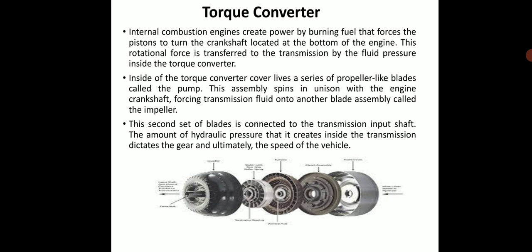This assembly spins in unison with the crankshaft, forcing the transmission fluid into another blade assembly called the impeller. Thus, two sets of blades are connected to the transmission input shaft. The amount of hydraulic pressure created inside the transmission dictates the gear and ultimately the speed of the vehicle. The diagram shows the torque converter, with its parts given elaborately.